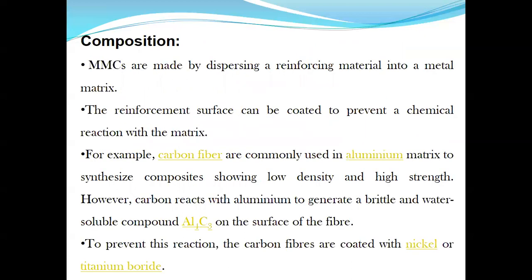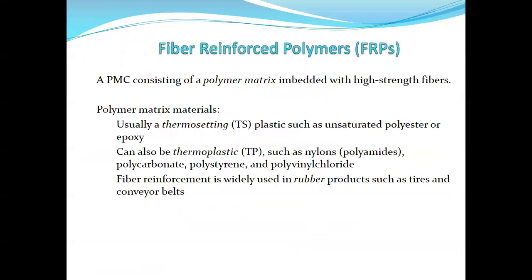Then the metal matrix composites are mainly made by dispersing reinforcement material into the metal matrix. The reinforcement surface can be coated to prevent a chemical reaction with the matrix. For example, carbon fibers are commonly used in the aluminum matrix to synthesize composites showing low density and high strength. Then fiber reinforced polymers. The fiber reinforced polymer consists of a polymer matrix embedded with a high strength fiber.